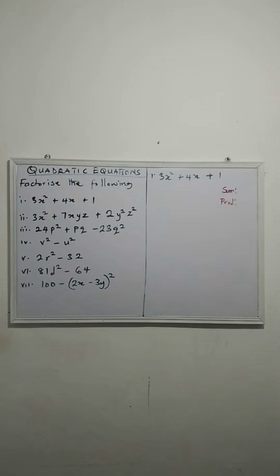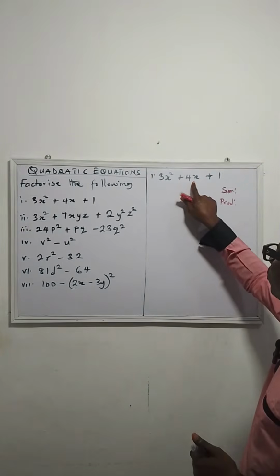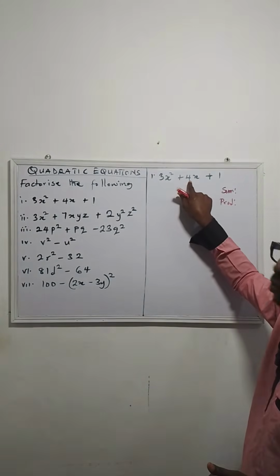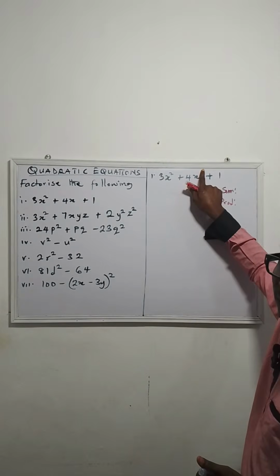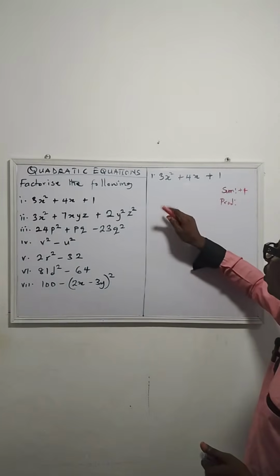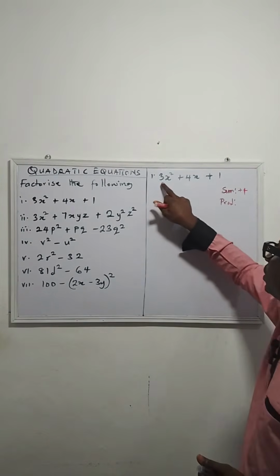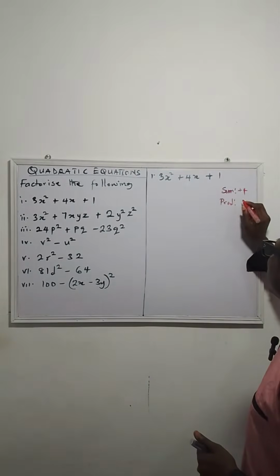The sum, don't forget, is the coefficient of x, the variable with power of 1 here, and that is plus 4. The product is the multiplication of 3 and 1, so 3 times 1 is plus 3.